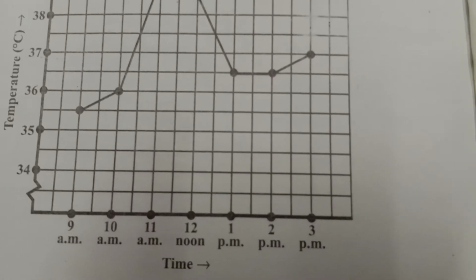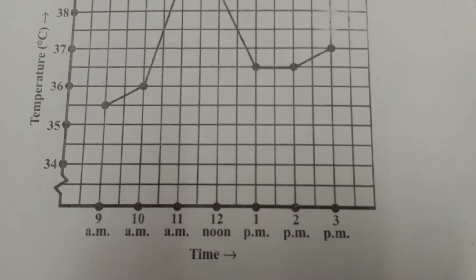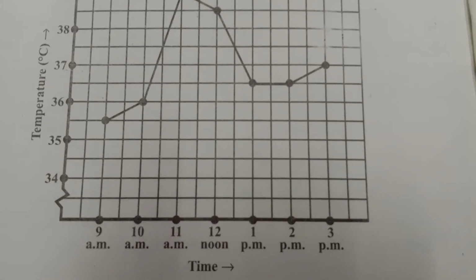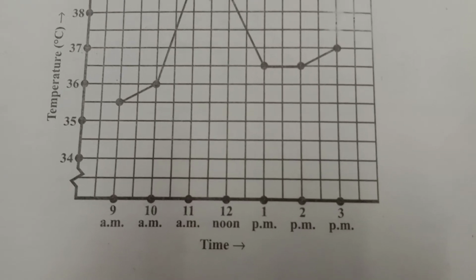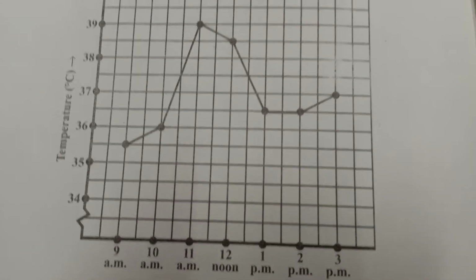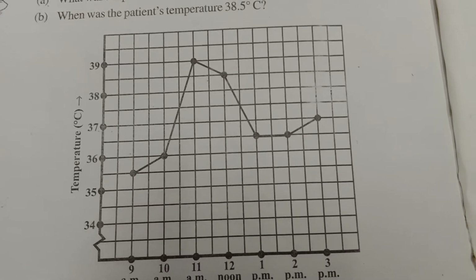Similarly from 10 a.m. to 11 a.m., again we have one line that represents 10:30 a.m. Then 11:30 a.m., 12:30 p.m., 1:30 p.m., 2:30 p.m. Similarly, on the vertical line, the temperature is expressed in degrees Celsius.